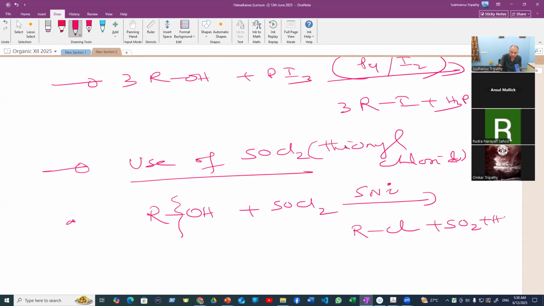SO2 plus HCl will go, and here there is retention of configuration. R will remain as R, S will remain as S.